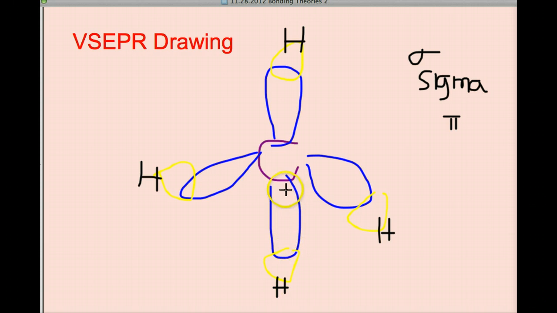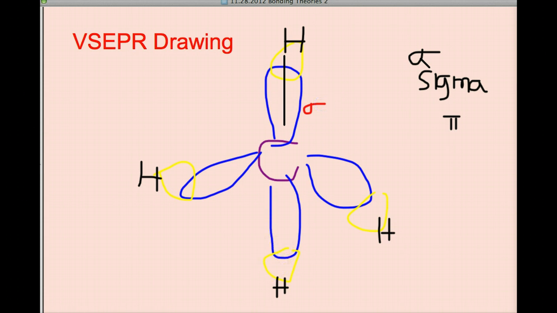So I'm going to start with this one right here. If I draw a line, you notice these bonds are in the same axes, right? And if they're the same axis, are they sigma bonds or pi bonds? Good, they are actually sigma bonds. So we are going to label this as a sigma bond.